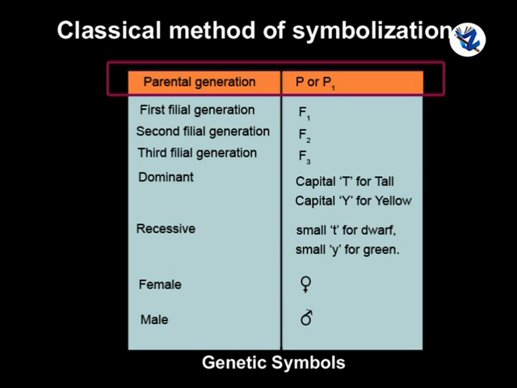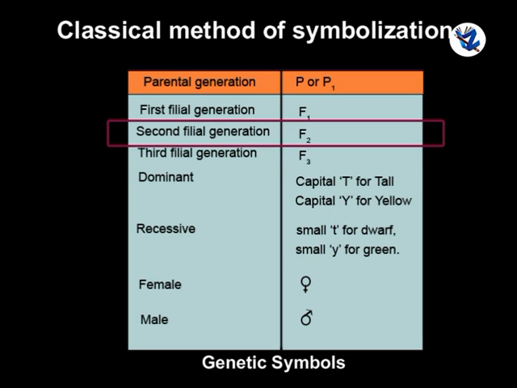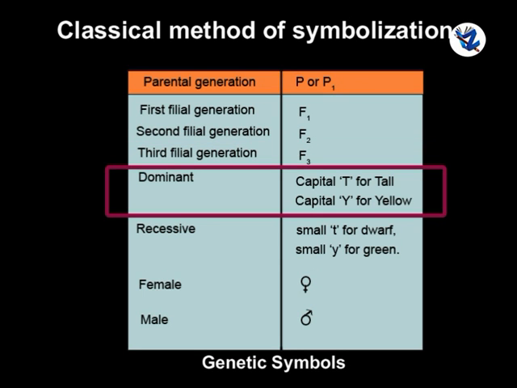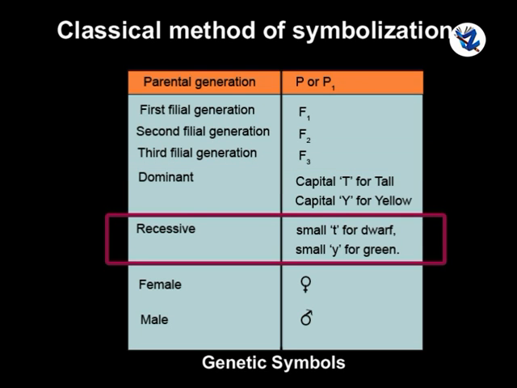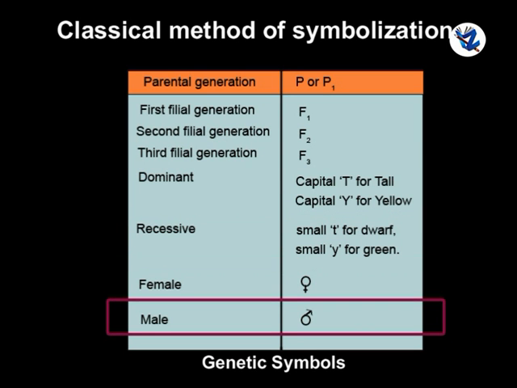Parental generation P or P1, first filial generation F1, second filial generation F2, third filial generation F3, dominant capital T for tall, capital Y for yellow, recessive small t for dwarf, small y for green, female this symbol, male this symbol.